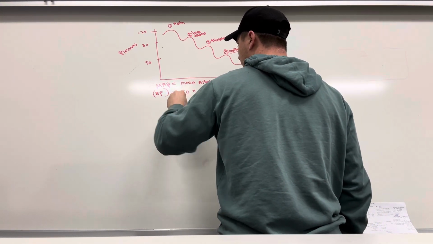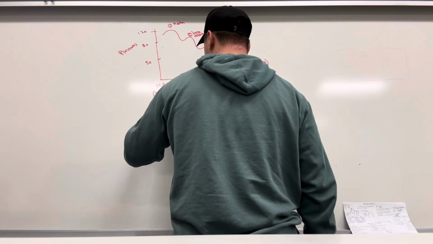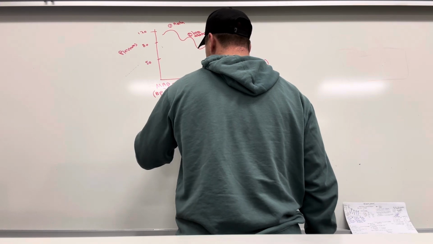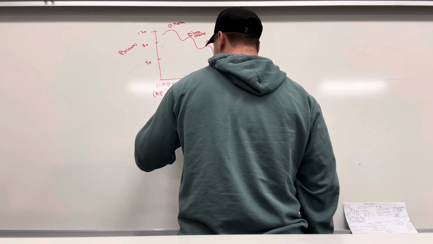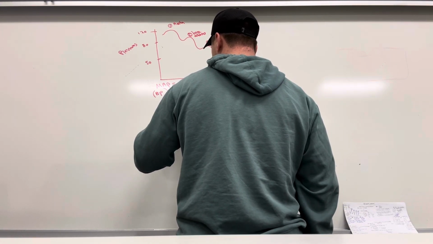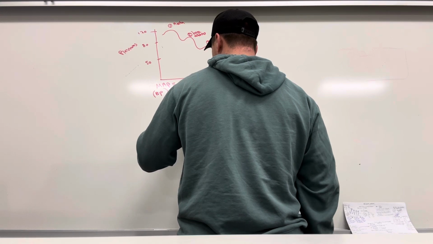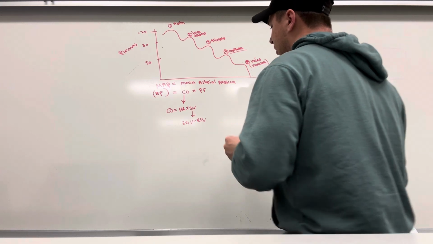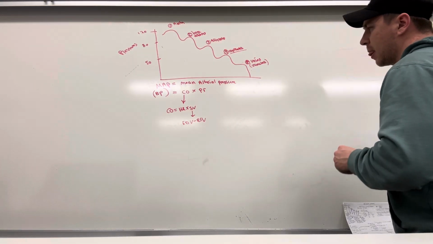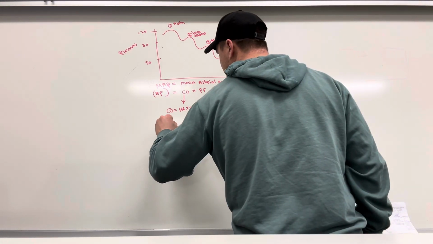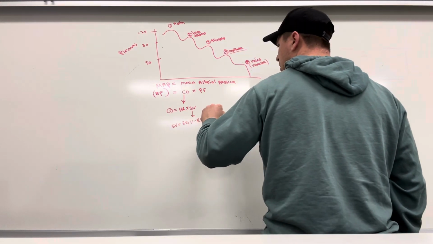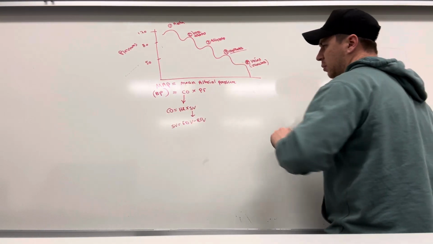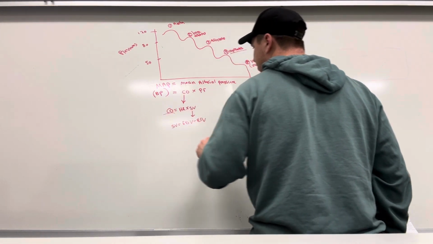Now we know that cardiac output actually equals heart rate times stroke volume. And then we know that stroke volume equals EDV minus ESV, the end-diastolic and end-systolic volumes, right? And we know we can change heart rate in order to accommodate for changing stroke volume to have that same cardiac output.